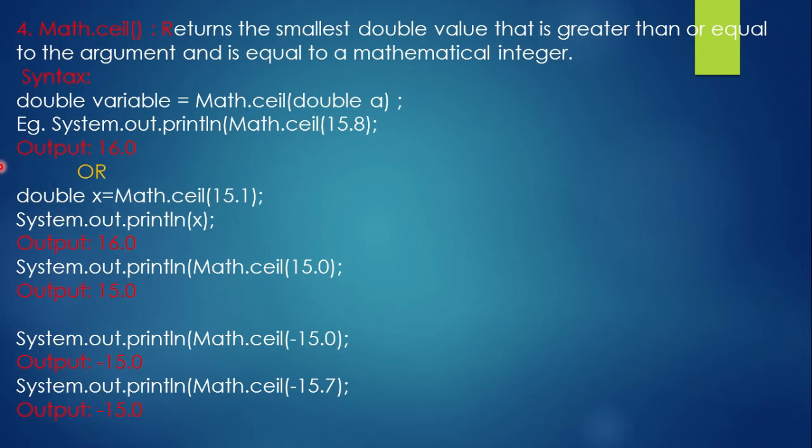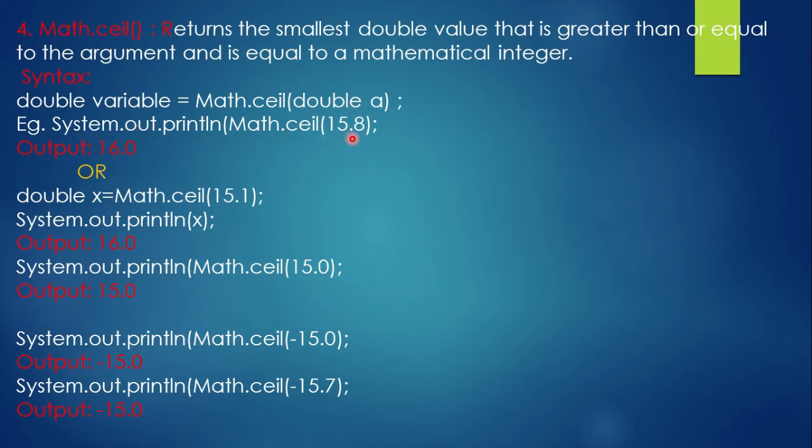I will be explaining. Let us see the syntax. This is the return type, then variable, this is your function, and this is the argument. Every time there is no need of explaining all these things again and again. Let us see the example.